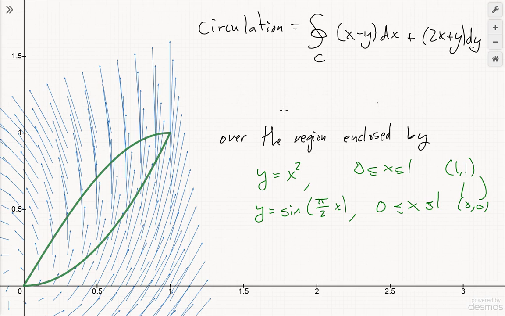And using Green's theorem, that'll be equal to the integral from 0 to 1, so x goes from 0 to 1, and then y will go from x squared, which is the bottom function, to sine pi x over 2. And then something in here that we'll fill in a second.